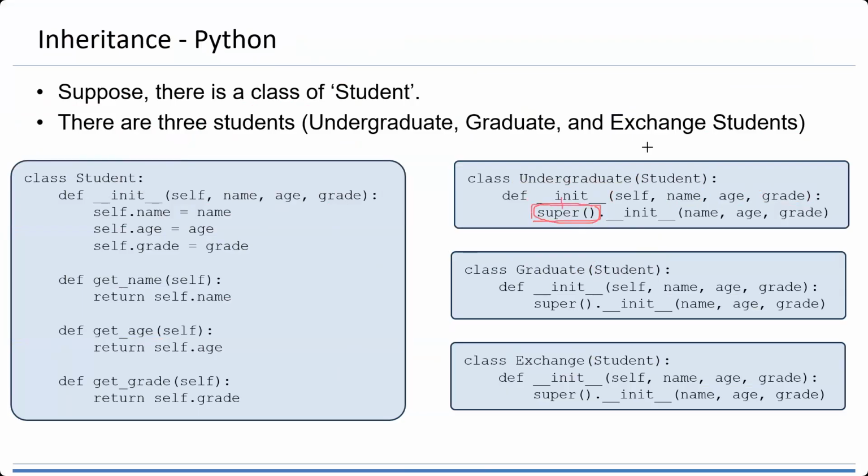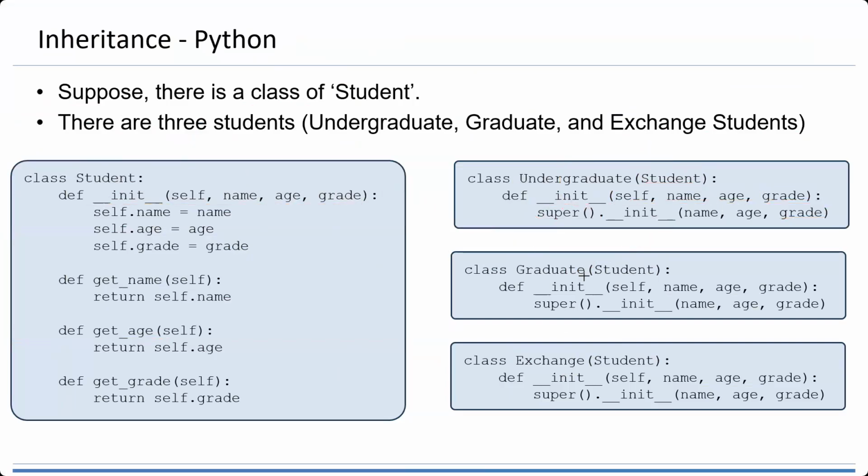If we have student in this case, then the superclass is student. In the superclass, we have the constructor with name, age, and grade. So the super, which is student, we will construct based on the constructor that we already defined in the superclass.